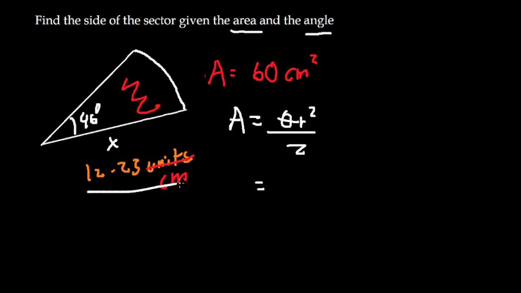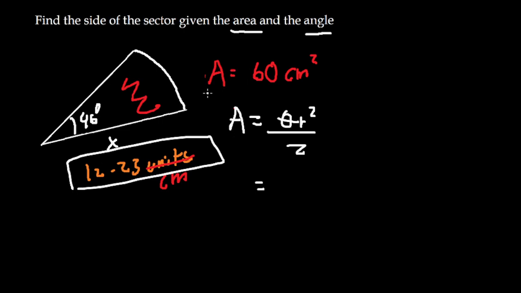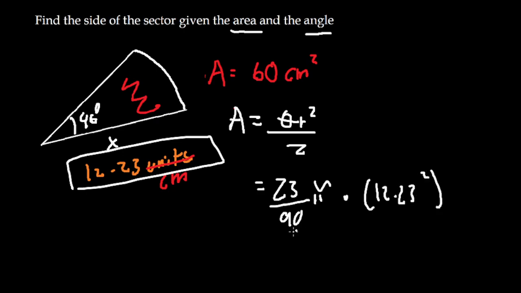If this is our radius, dapat magma-match yung area sa given area na to. So 23 over 90 pi times ang r squared natin, 12.23 squared over 2. Then evaluate, use your calculators.